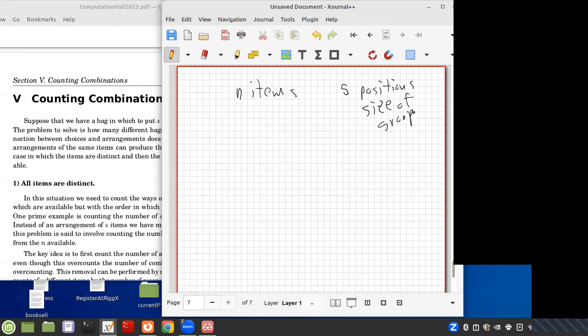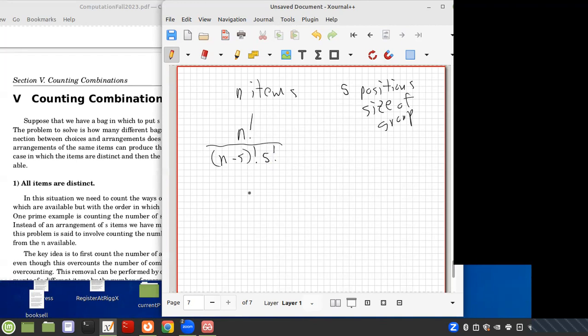If I have n items, how many groups or teams of size s can I choose? It's going to be n factorial over n minus s factorial, which is the number of sequences, divided out by s factorial. Okay, this is the method. By counting sequences, I've overcounted. This is dividing out that overcounting.